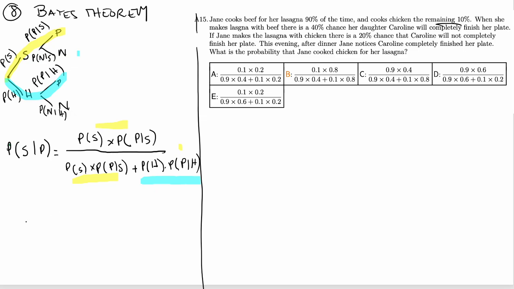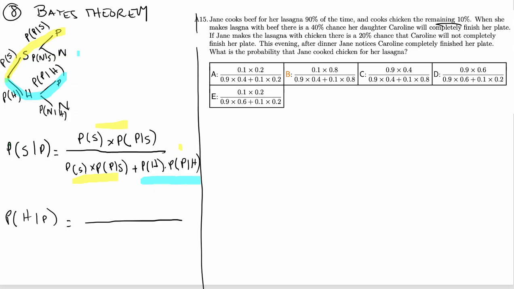Okay? Now, Bayes' formula can ask you about the blue branch as well. Like, what's the probability that, given that you're positive, you're healthy? You could do the same thing. You have both ways, right? So it's just the same thing.